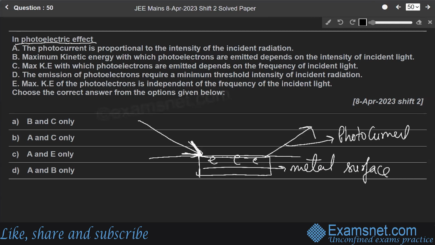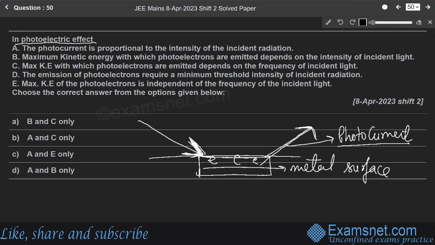Got it? Whenever photons of sufficient intensity fall on the surface of a metal, the electrons get ejected out from the surface of the metal and they constitute a current called the photocurrent.